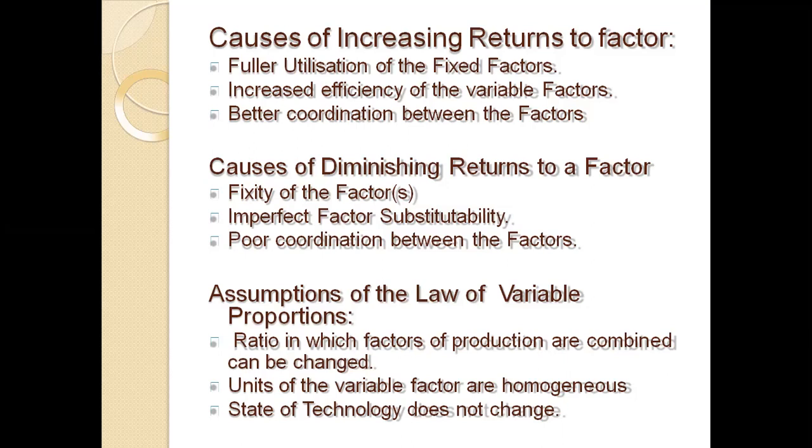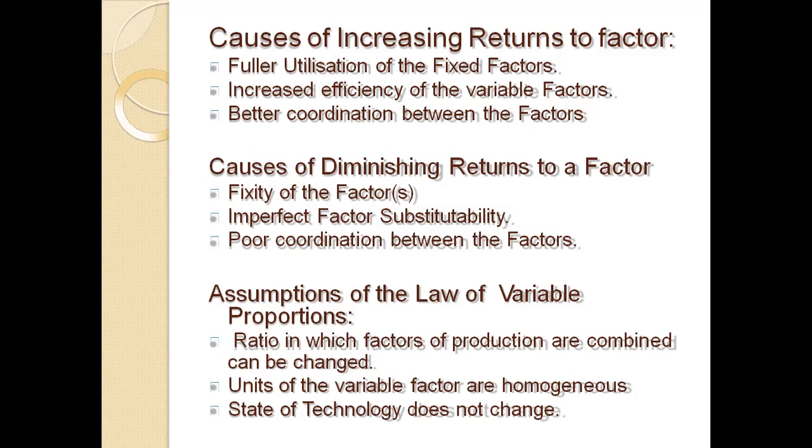Hence, initially, so long as the fixed factor remains underutilized, additional units of the variable factor add more and more to the total output, or the marginal product of the variable factor tends to increase. So one of the reasons for increasing returns is the proper or fuller utilization of the fixed factors. That means whatever plant and machinery you're using is actually being properly utilized, and it's giving you increasing returns when you combine that with the variable factor.